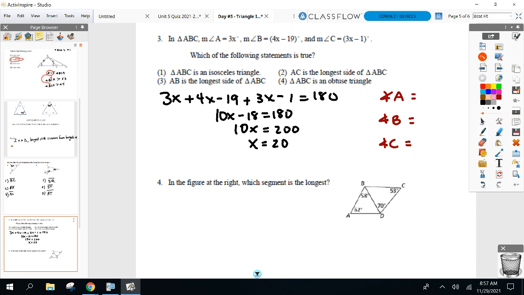Finding A, B, and C. Let's check our work here. A, 60 degrees. B, 61 degrees. And C, 59.